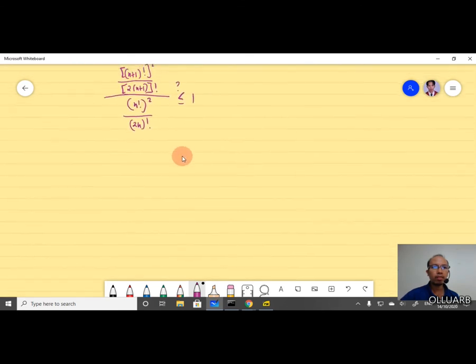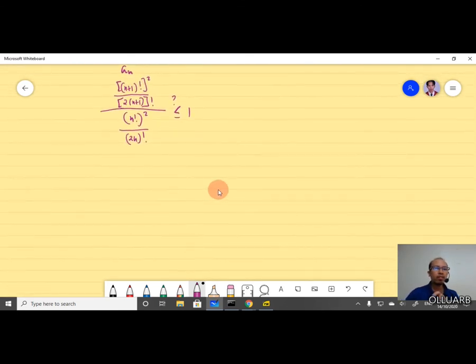So what will happen here is that this will become the numerator over n factorial, this less than or equal to 1.